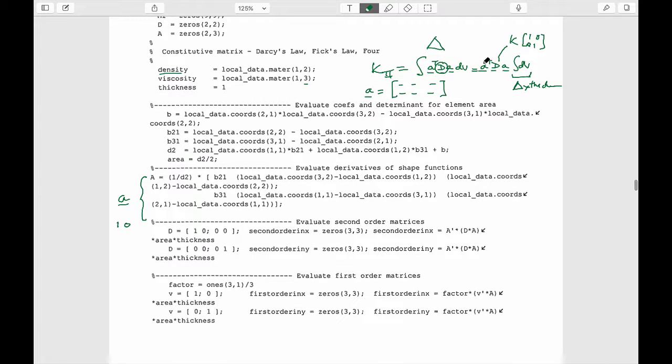That would be the constitutive matrix. Because we want to split these things up between the ones that influence X and Y, what we could do is make a matrix which is this. For this D matrix, instead of having this term here, this is the part that operates on dy, and so this is the one which is second order, this is the name of the matrix we're calling here, second order in X. So this is what we've called K2X.